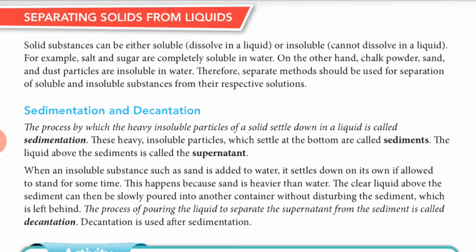I repeat, whatever particles collect at the bottom during the sedimentation process, that means in the mixture of sand and water, the sand that collects at the bottom, this sand is called sediments. And at the top layer of the water, whatever light particles float on the surface of water, this is called supernatant. That means the dust and all the water is called supernatant, right?